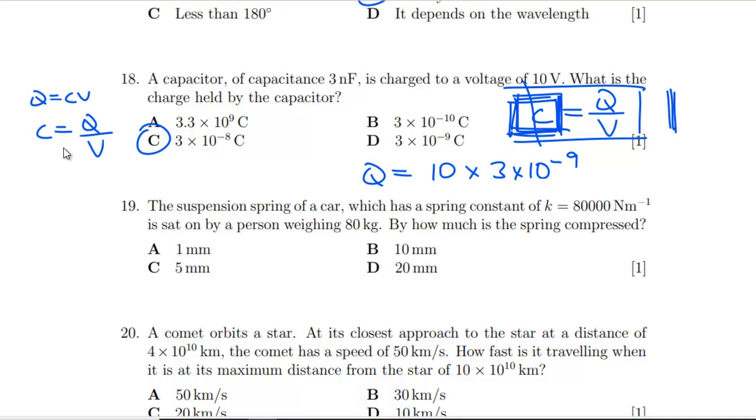Anyway, question 19. The suspension spring of a car, which has got that spring constant, is sat on by a person weighing 80 kilograms. How much is the spring compressed? Right, so we're going, well, 1 meter needs 80,000 newtons.